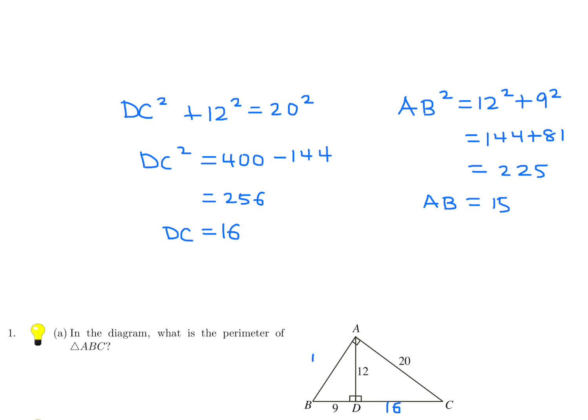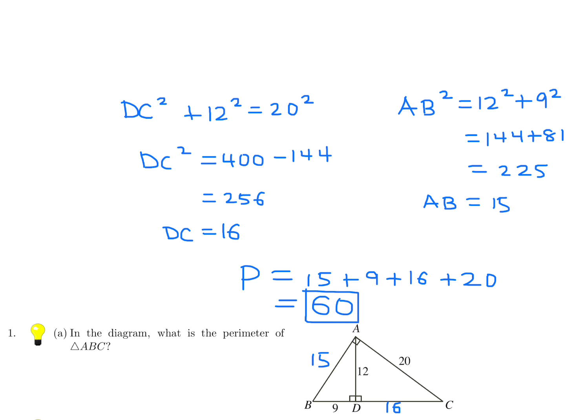So label that 15. And therefore the perimeter will be 15 plus 9 plus 16 plus 20, and that is equal to 60. So the perimeter of triangle ABC is 60 units.